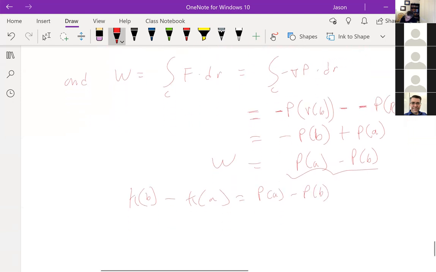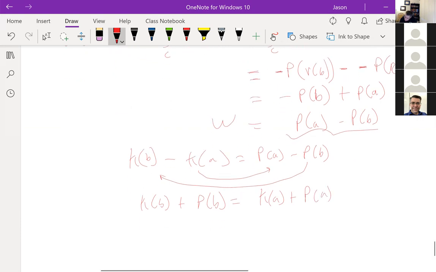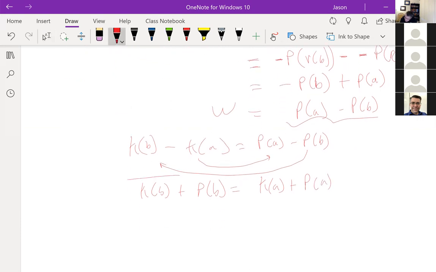And so I'm going to swap these guys, and I'm going to say that KB plus PB is equal to KA plus PA. And what is this formula?